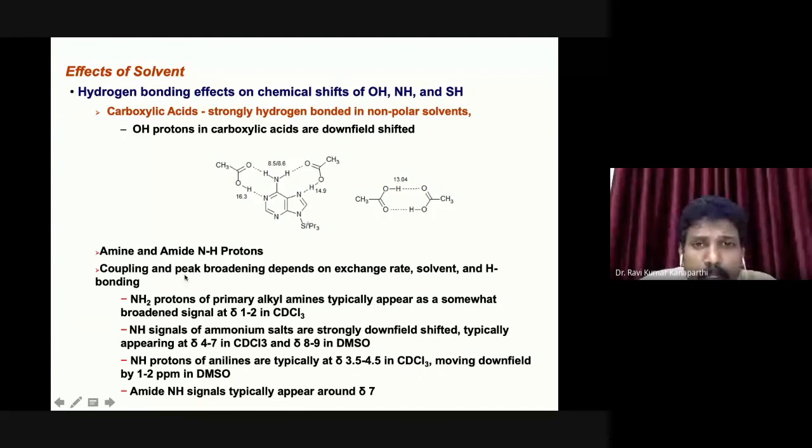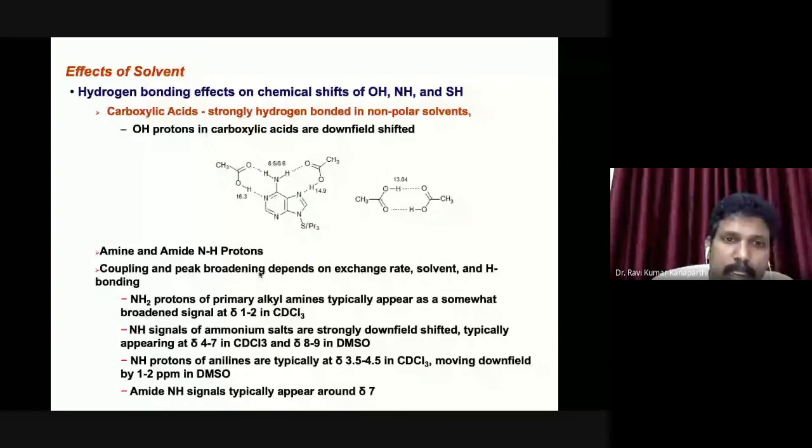One peculiar behavior one should remember is that the broadening of NH protons can come not only from the labile nature of the proton, but also from exchange, and from the nature of the nitrogen. What I'm trying to say is that nitrogen-14 nuclei are magnetically active. I'm sure most of you remember this. Nitrogen is magnetically active, and proton is magnetically active.